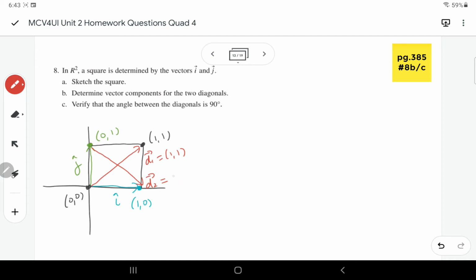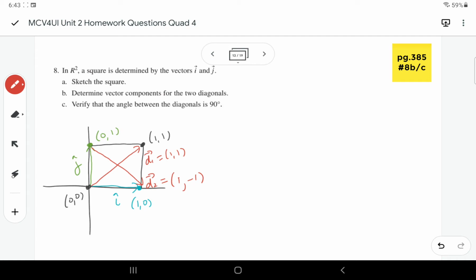So remember with your subtraction, that's going to be 1 minus 0, so 1 in the x, and 0 minus 1, so negative 1 in the y. You could just as easily have drawn that going the other way from (1, 0) to (0, 1). You just get a negative sign, and it will still work out.